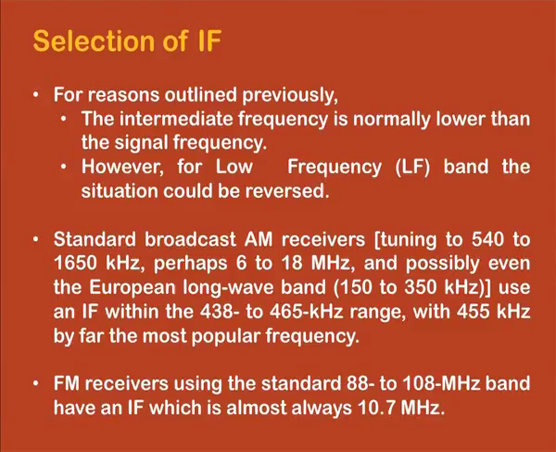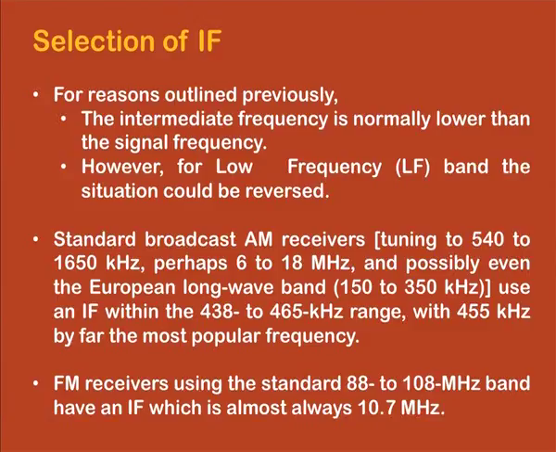Standard broadcast AM receivers which tune to 540 kilohertz to 1650 kilohertz, or 6 to 18 megahertz for communication purposes, or the European long wave band which is between 150 kilohertz to 350 kilohertz, use an IF in the band of 438 kilohertz to 465 kilohertz, whereas 455 kilohertz is by far the most popular frequency, which is the standard for AM broadcast.